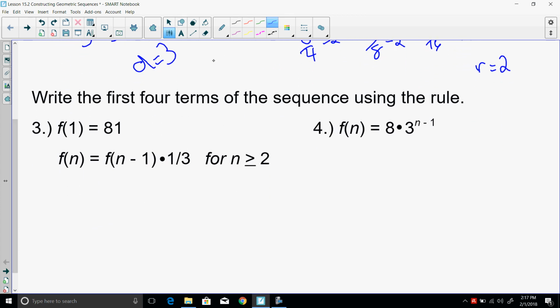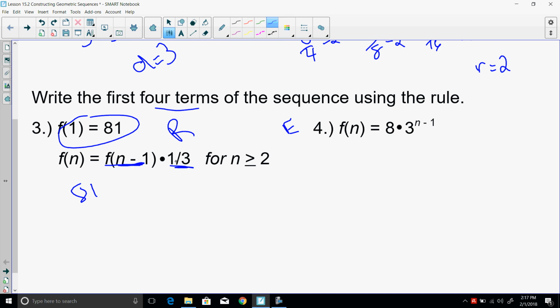Then it says write the first 4 terms of the sequence using the given rule. If we look at the first one here, I'm already given the first term. Guys, take the gimme problem, right? The first term is 81. And then remember, this is the recursive rule. This is going to be the explicit rule. The recursive rule says that we're going to take the previous term and apply the rule.